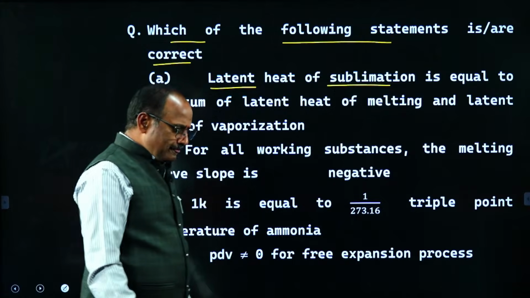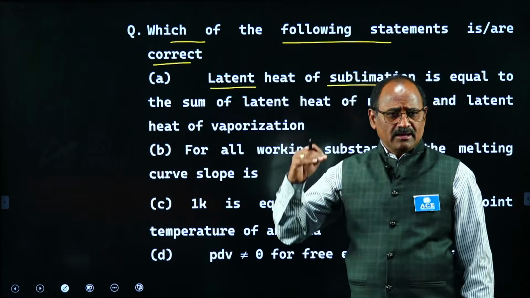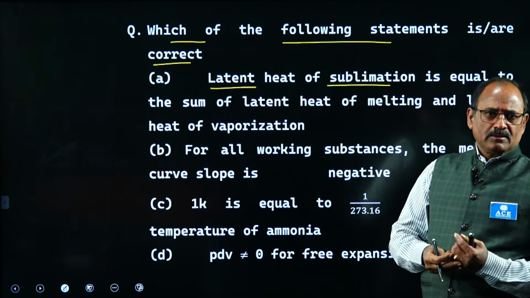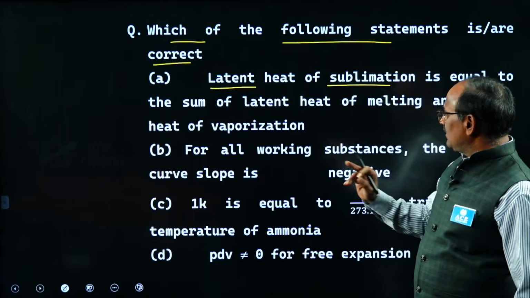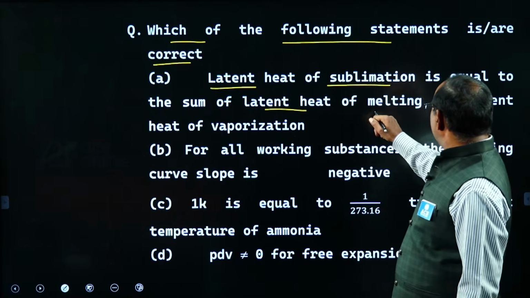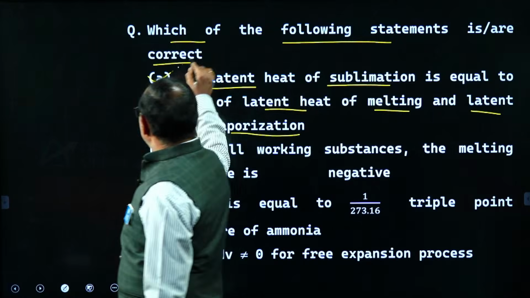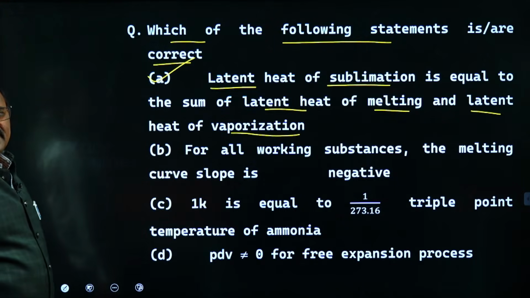Dear friends, remember, both sublimation and desublimation occur below the triple point pressure. Anyhow, latent heat of sublimation is equal to the sum of the latent heat of melting and latent heat of vaporization. Absolutely correct. Because sublimation is the combined process of melting and evaporation.